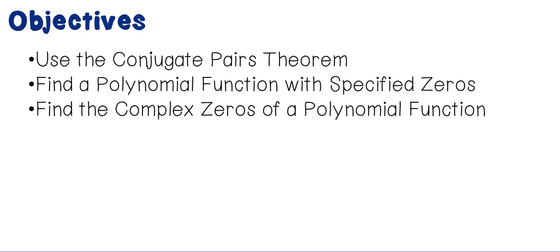So remember, complex zeros are of the form a plus bi, so they have our imaginary number in it if they are complex. Another thing to remember is that if it is a real zero or a real number, that is also considered a complex number.